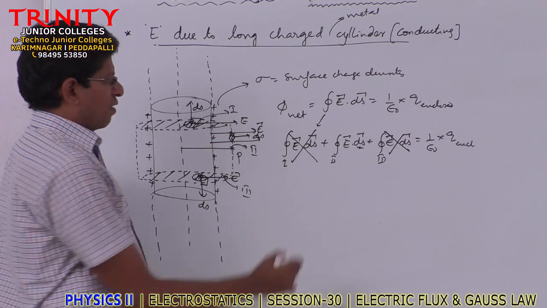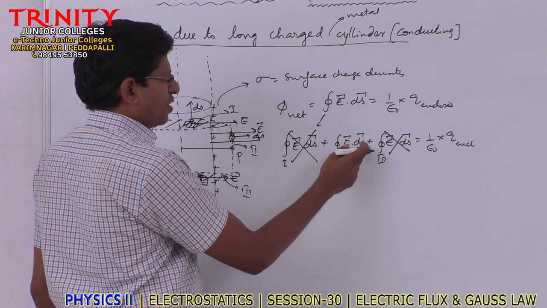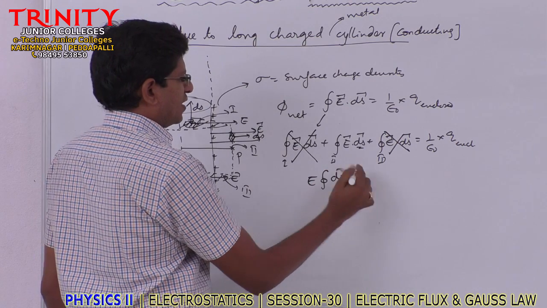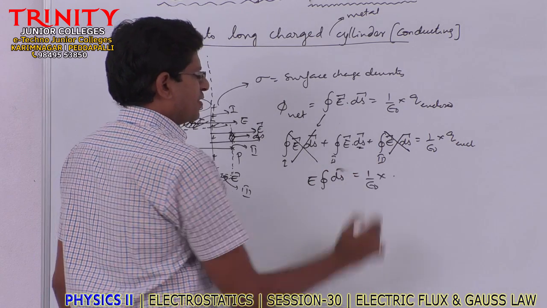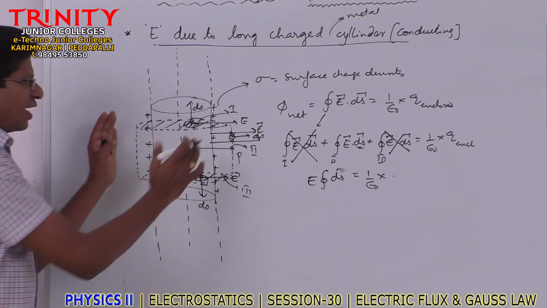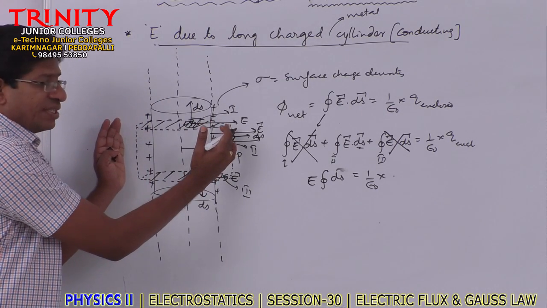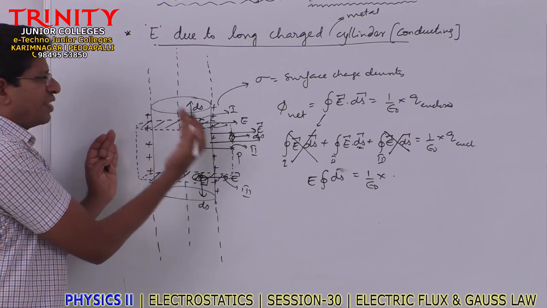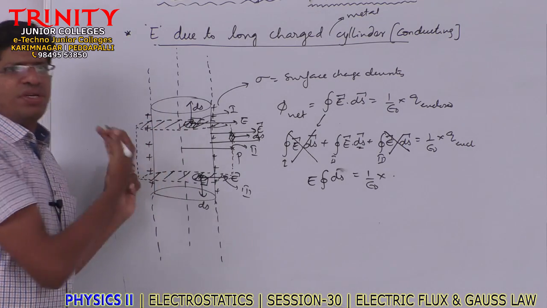Now, E ds cos 0 is E ds, then integrating ds, you will get 1 by epsilon naught into the charge enclosed. The charge inside the Gaussian cylindrical surface is nothing but the charge on the actual cylindrical body, distributed on its surface area.